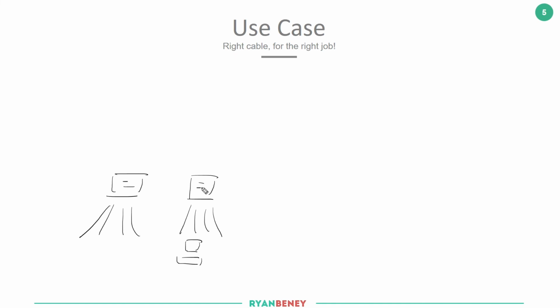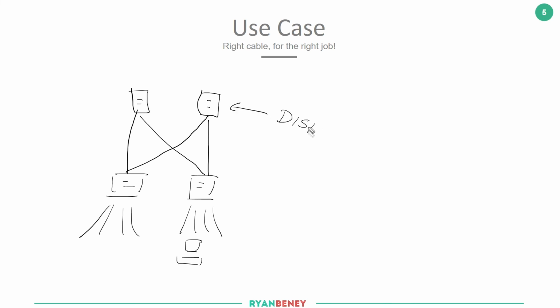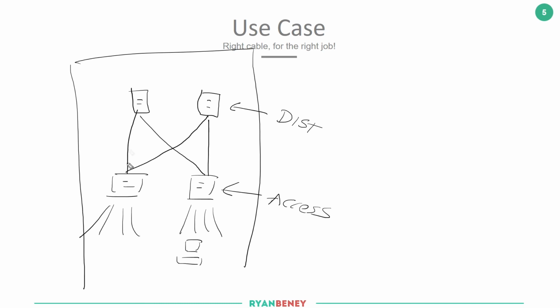Normally these switches will have an uplink, and that uplink is normally a resilient uplink, like so, into another layer of switches, this known as the distribution and this known as the access. Depending on the size of the campus, this access and distribution could all live in one very big cabinet.